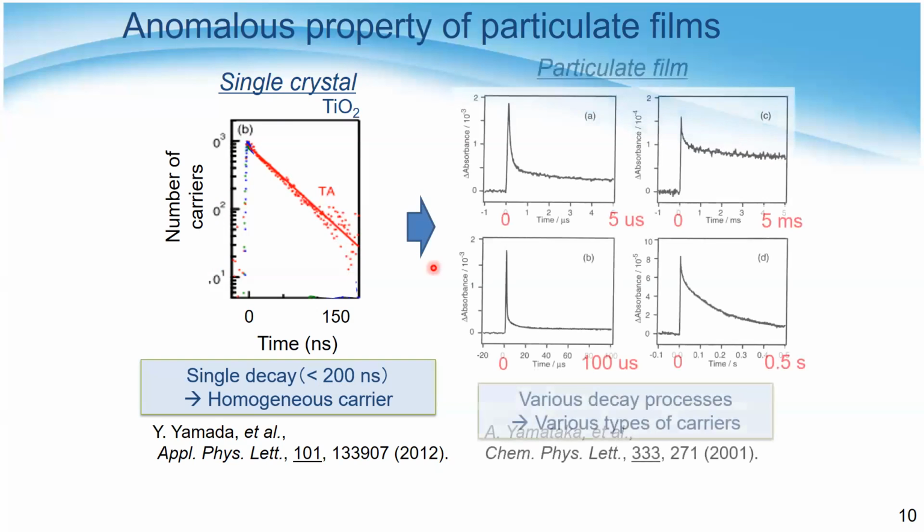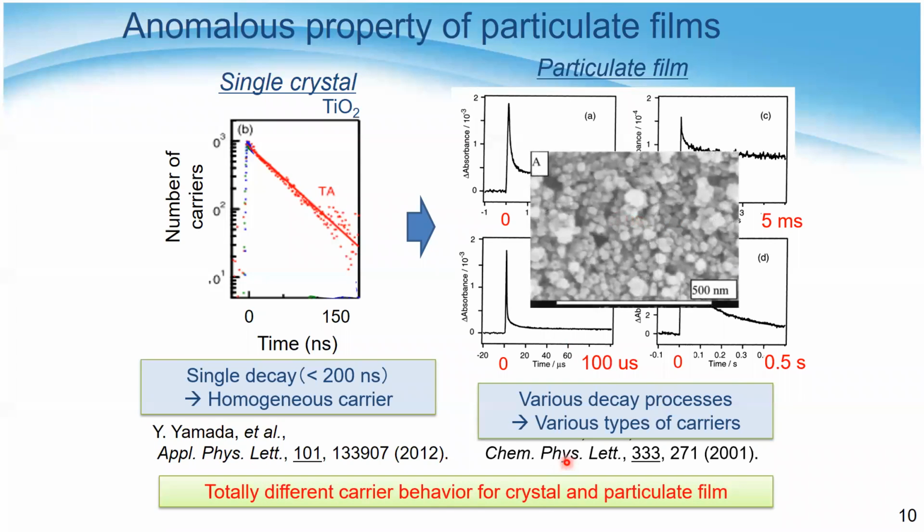However, if you change it to the particulate form, on the order of nanoseconds, microseconds, milliseconds, and even seconds, you could find some very slow responses due to various types of charge carriers on the surface. So the carrier behaviors are totally different for crystalline and particulate films.